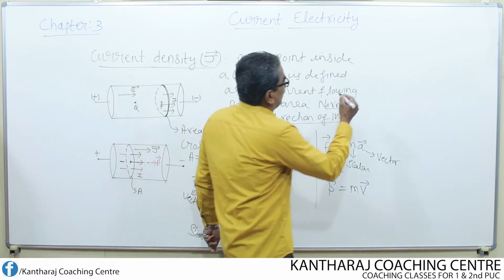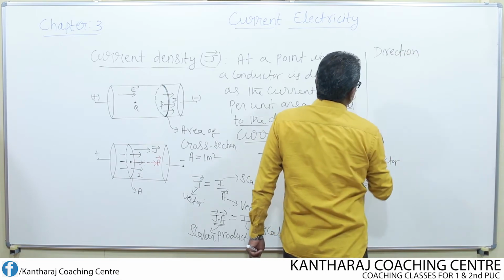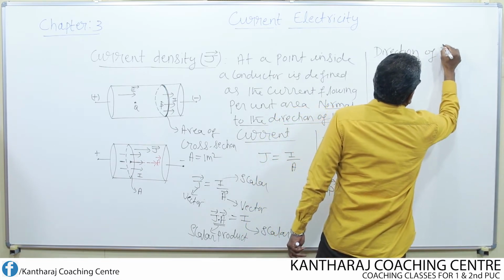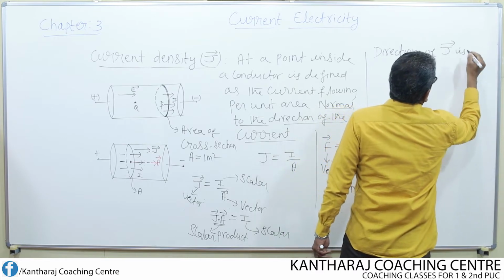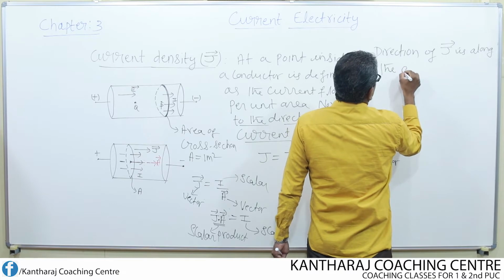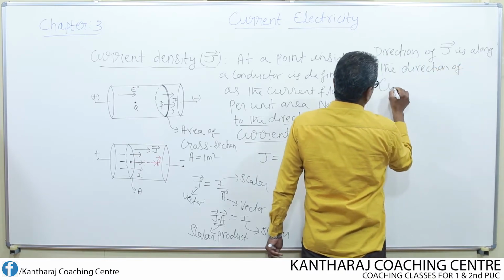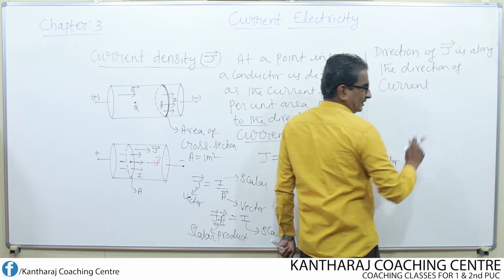So the direction of J, current density, is along the direction of current. Okay.